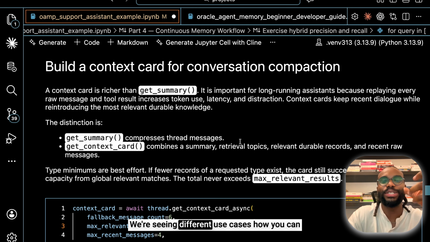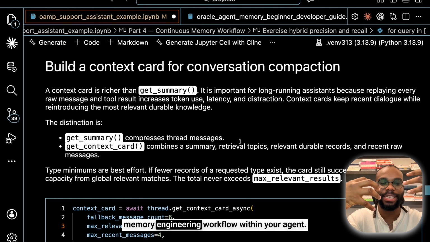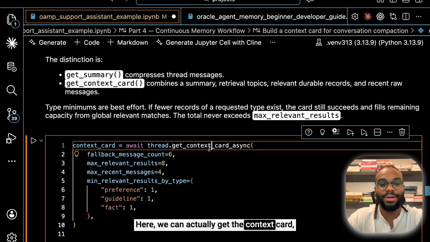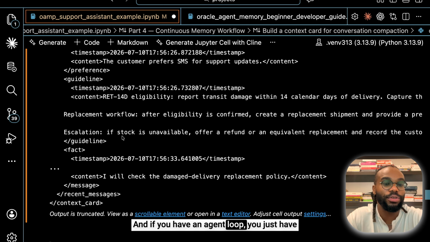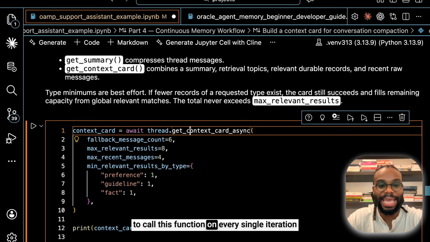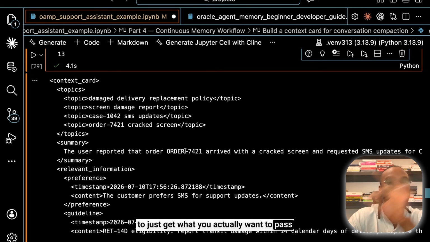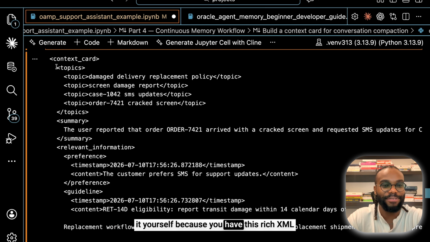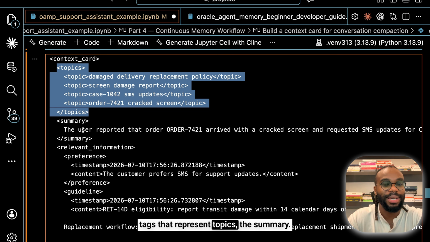We're seeing different use cases where you can shape different tools to build your memory engineering workflow within your agent. Here we can actually get the context card and see what it looks like. If you have an agent, you just have to call this function on every single iteration to get what you want to pass into the LLM without having to construct it yourself, because you have these rich XML tags that represent topics and summaries.